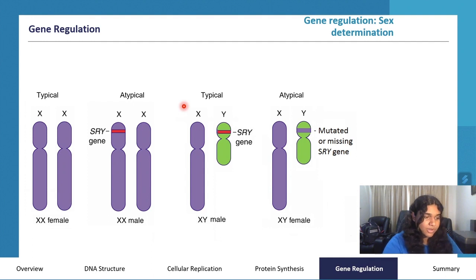So human X and Y chromosomes determine the biological sex of a person, with XX specifying female and XY specifying male. Although the Y chromosome contains a small region of similarity to the X chromosome, the Y chromosome is much shorter and contains way fewer genes.